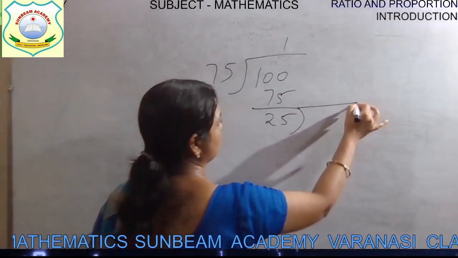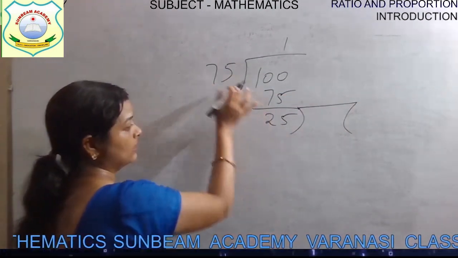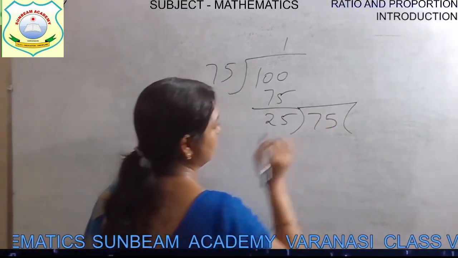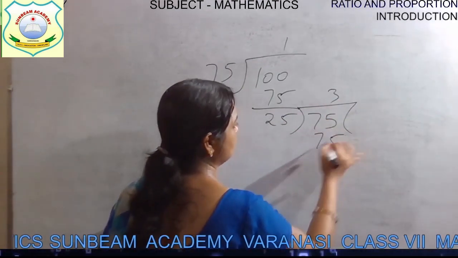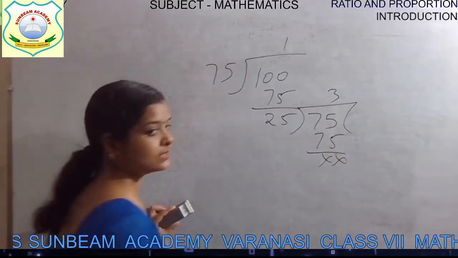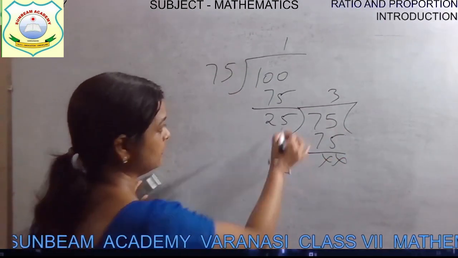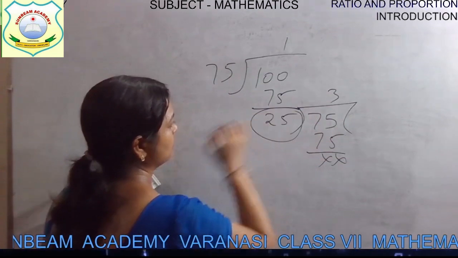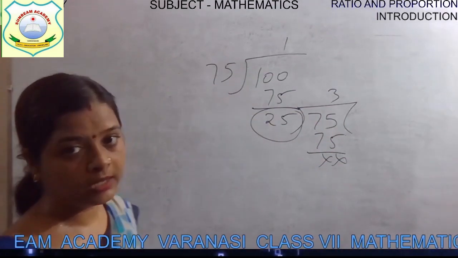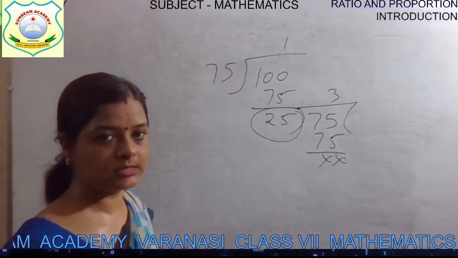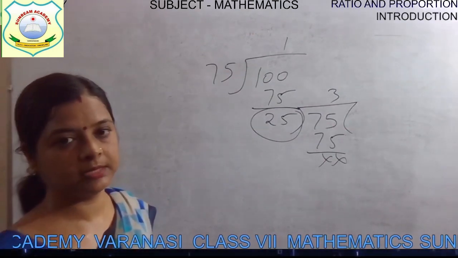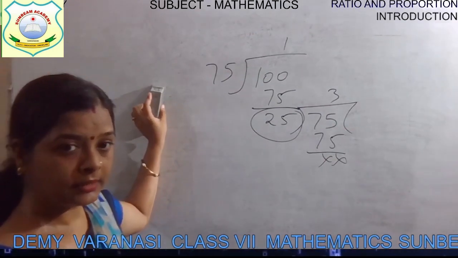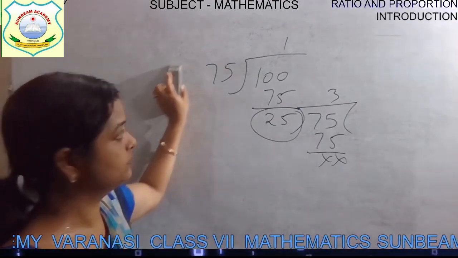Now this will be the divisor and 75 we will divide. 25 3 times is 75. Now you can see there is no remainder. It means 25 will be the HCF. This is the process of finding the HCF. This is the division method, children. I think it is now clear to you.